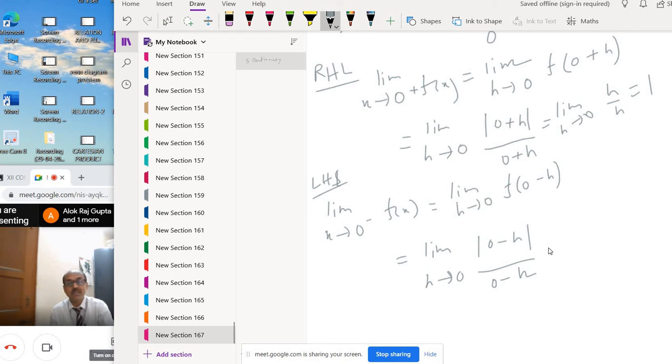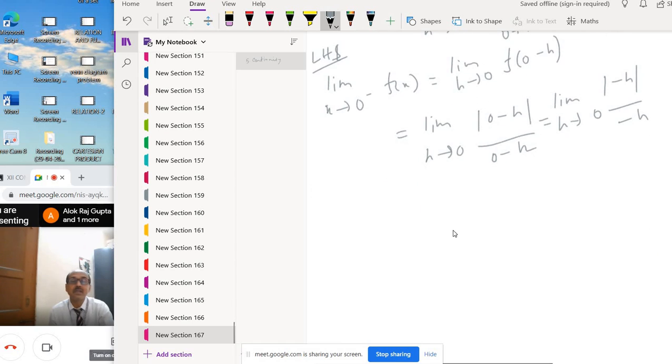This equals limit h tends to 0, mod of minus h divided by minus h.